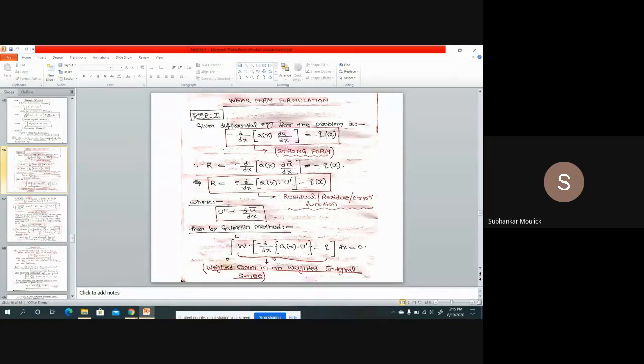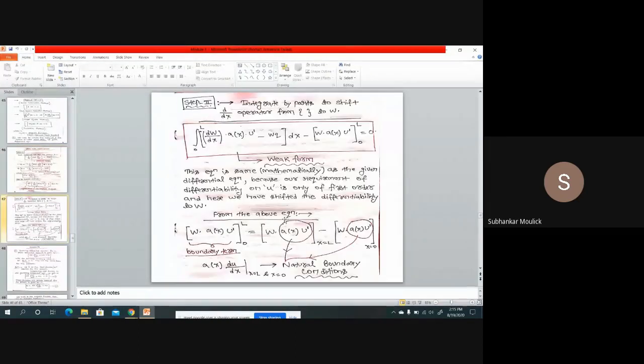So you have to reduce the differential order of the unknown variable u. That means you have to make this d2u over dx2 into du by dx in such a way that you add one single differentiation to the weighted function itself. Then that particular equation is your weak form.